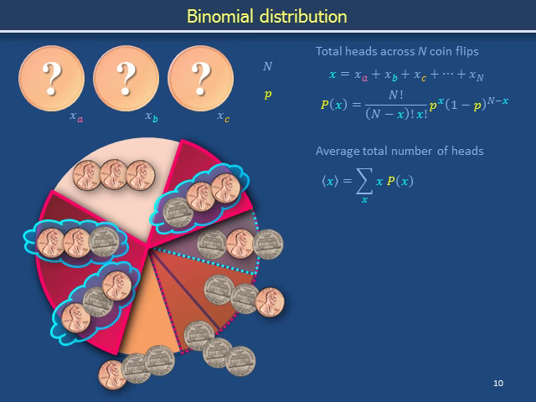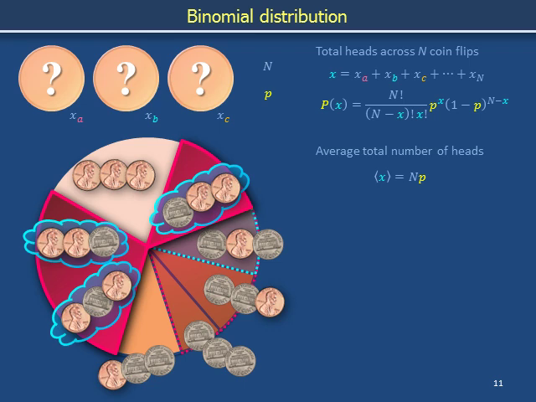So we will calculate the average of the sum, that is x, by writing down the sum of the averages of the outcomes of the individual tosses. The tosses have the same probability distribution and associated statistics, so this sum adds up n copies of the same expectation value for the number of heads on an individual toss. In the last video, we derived that this expectation value is p. The average total number of heads is the number of tosses, n, times the probability, p, of success on any individual toss.